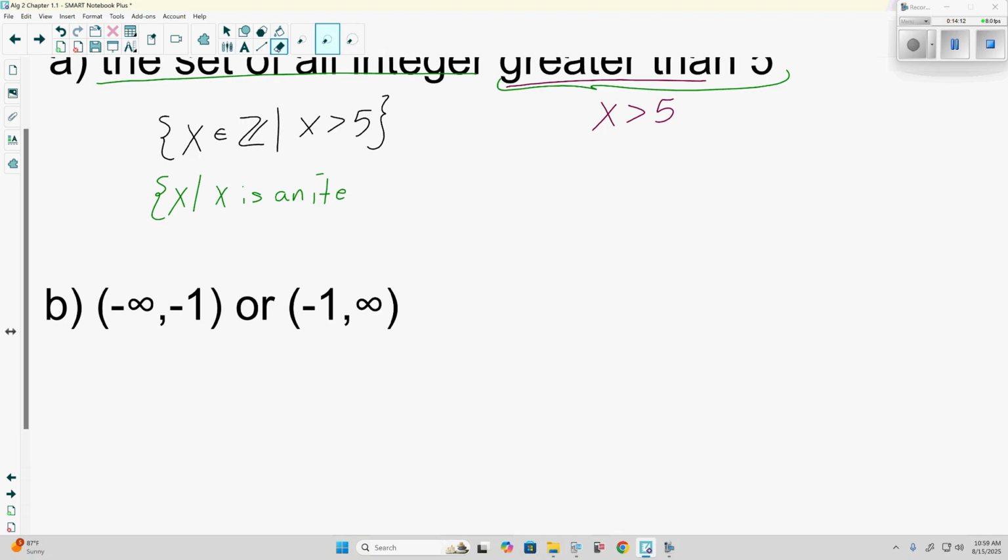Make sure to spell that right. I-N-T-E-G-E-R. And x is greater than 5. Personally, I don't want to write all that. And for the most part, we just took that sentence and threw it into the set builder notation.